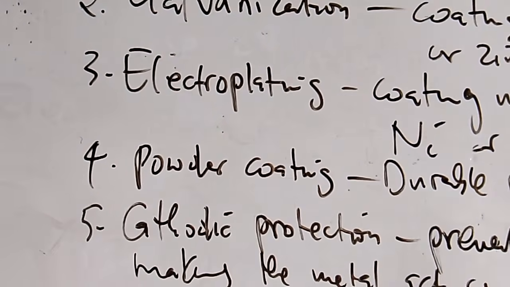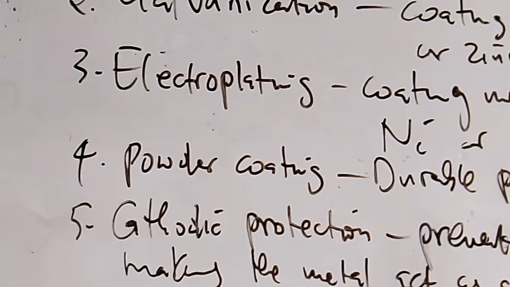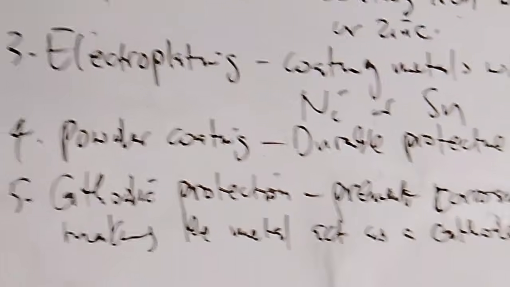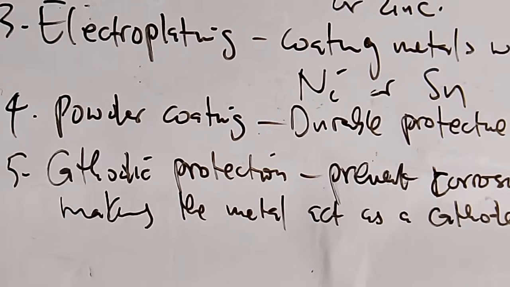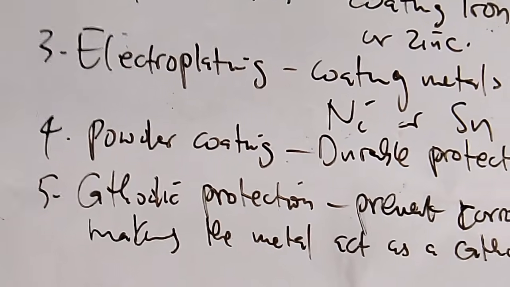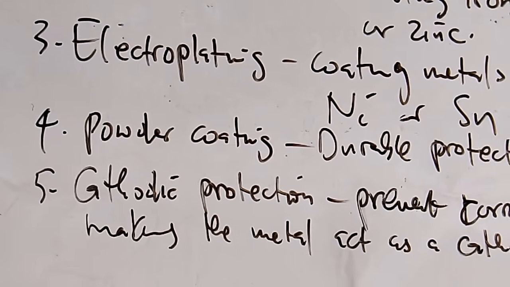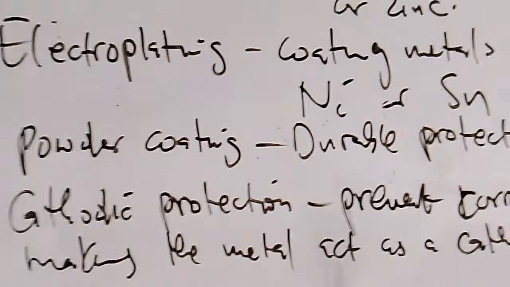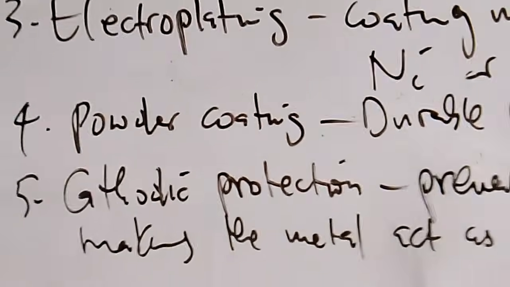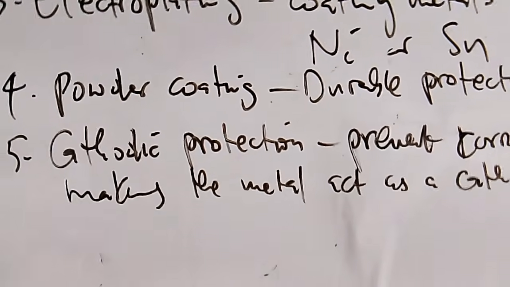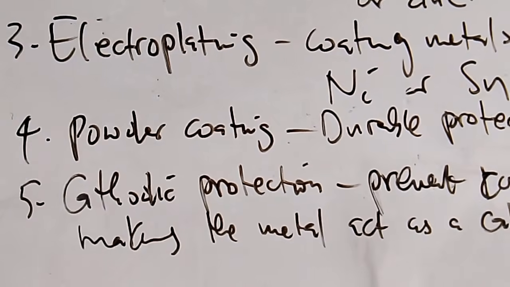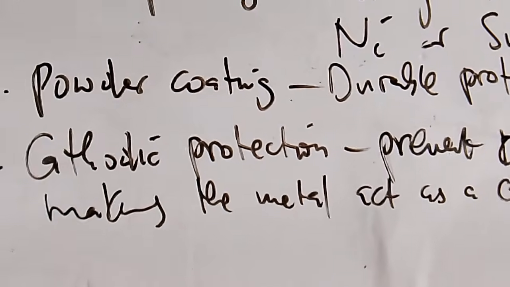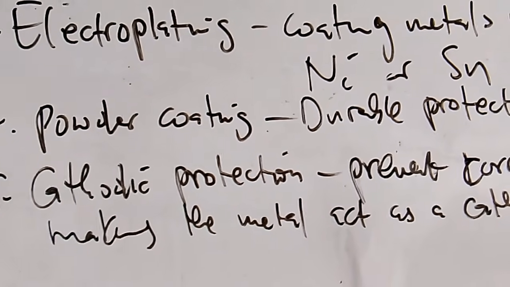The iron to be protected is attached to another metal such as zinc or magnesium, which gives up electrons easily, more easily than iron.